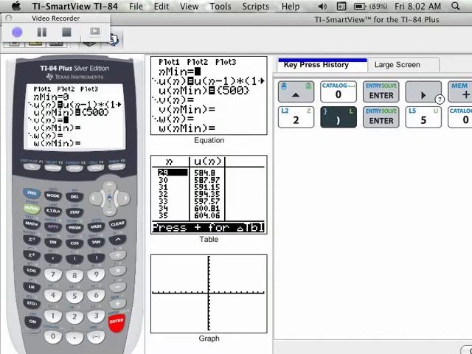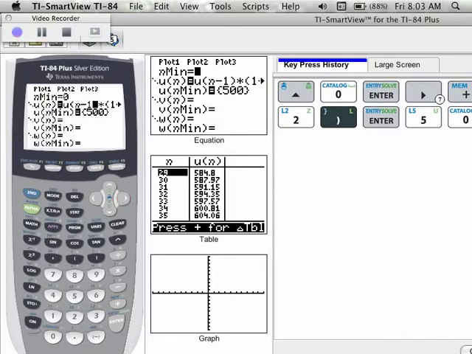So there's my equation. Here I have a 0. That's my counter. It really has nothing to do with the equation other than to tell me that at time 0 I started with 500 bucks. And then u of n minus 1 is always the same. And since I'm increasing, I'm getting interest, I'm going to multiply by 1 plus 0.065 divided by 12.